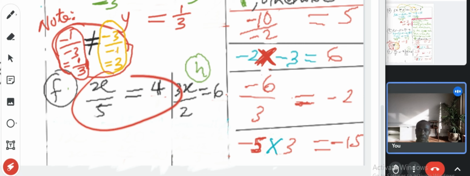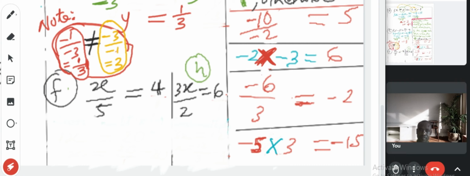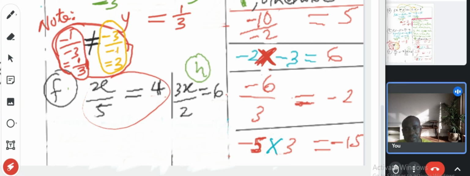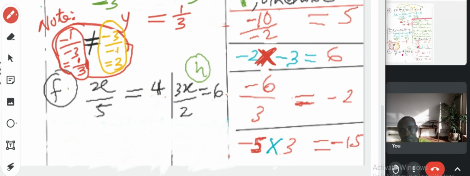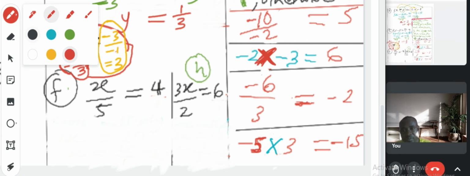What do we do in F? You see, whenever you have something like this, you can just cross multiply. Do you understand? This is like saying this is over 1.